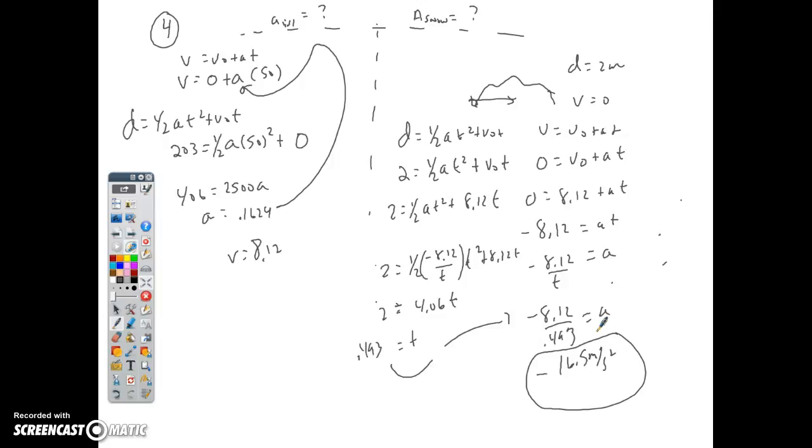Wait a minute. 8.1. What did you do with 8.1t? The plus 8.1t. Right here? Oh, this step here? Yeah. Okay. If you take this t, you're going to get negative 4.06t plus 8.12t. Agreed?